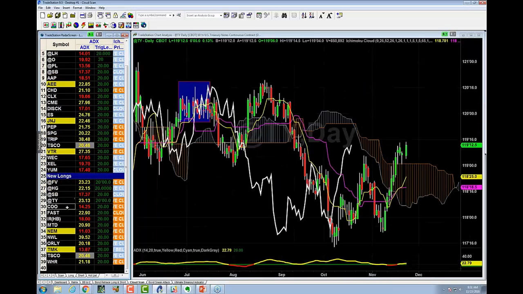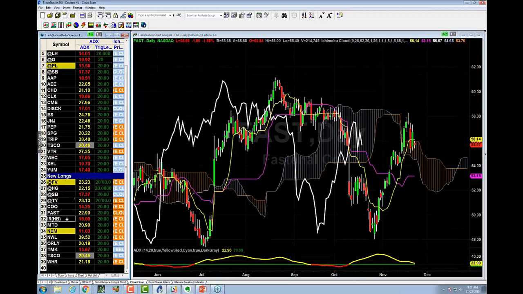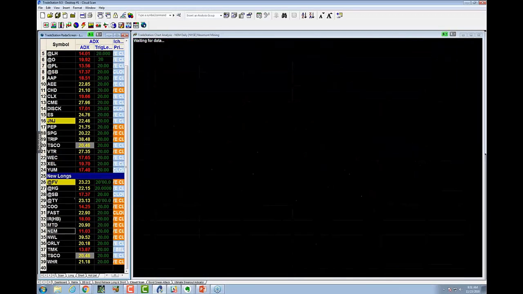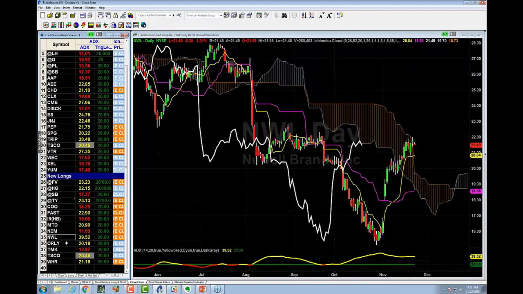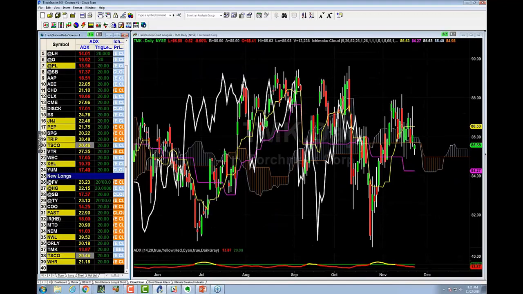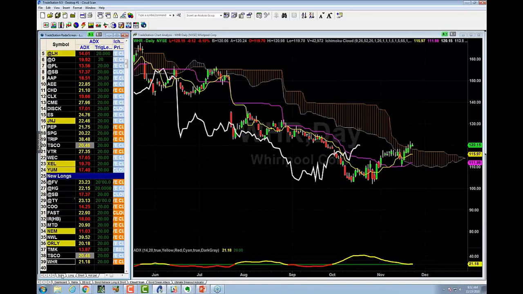The 10-year, COO, FAST, IR, MTB, NEM, NWL, O'Reilly, TMK, TSCO, and Whirlpool. There's some longs.